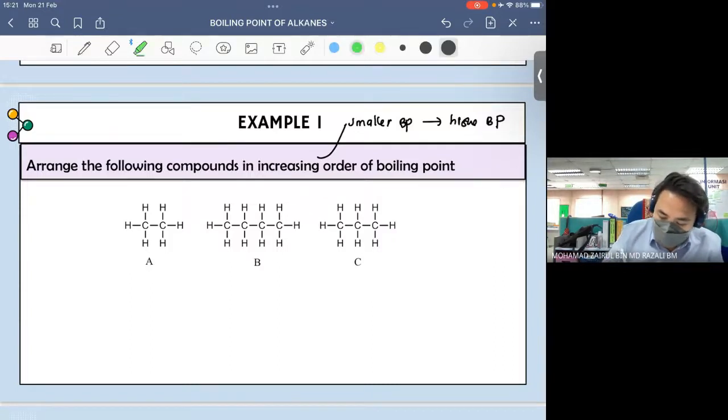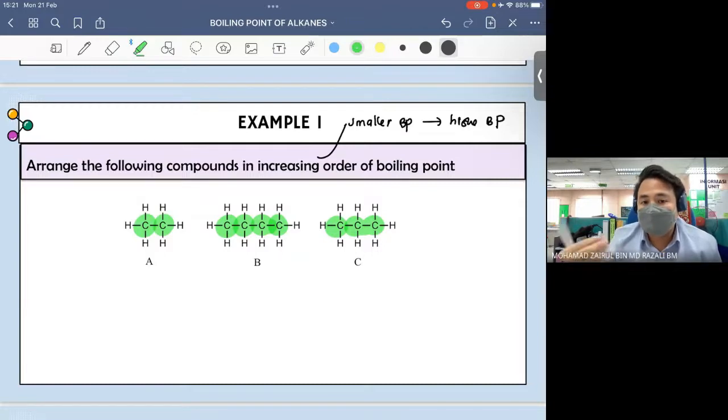Molecule A has 2 carbons, molecule B has 4 carbons, molecule C has 3 carbons. So different number of carbons, so they are not isomeric alkanes. If the number of carbons is different, we explain in terms of molecular weight.